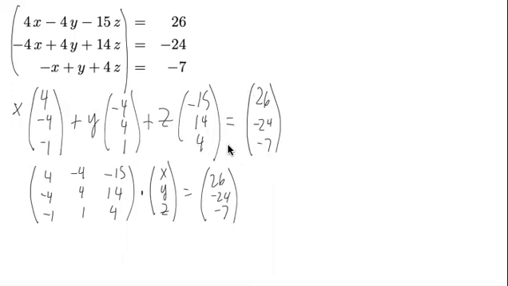Another way of looking at this is thinking of x, y, z as being input into a function like this, a matrix function with a column interpretation, and the result is simply this linear combination.